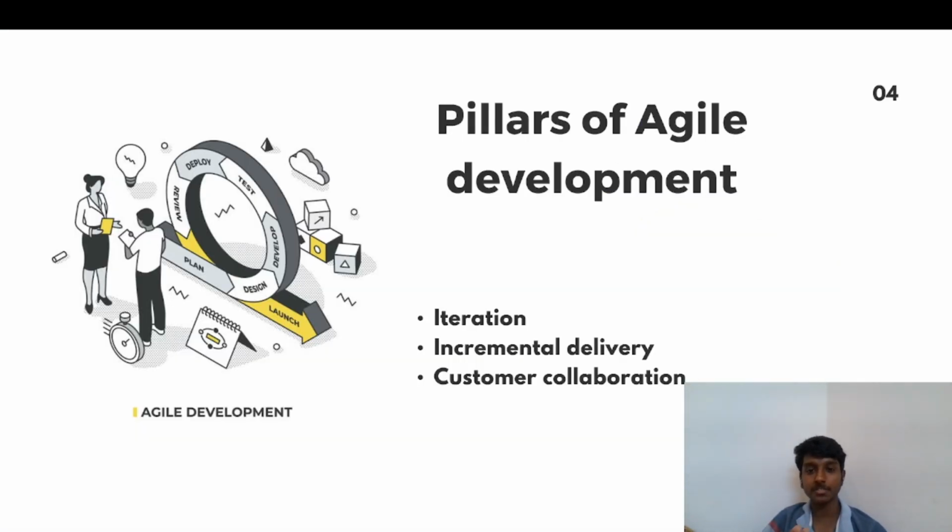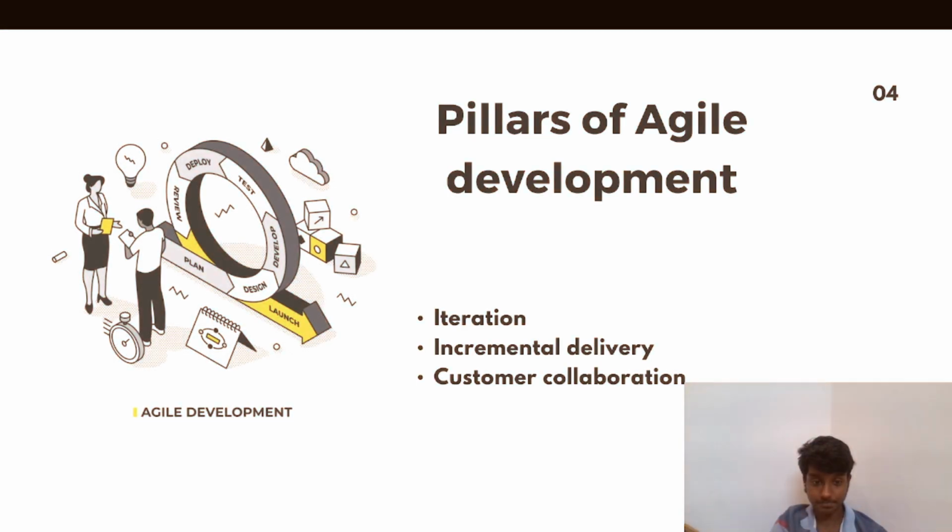And these are the three pillars of agile development. One is iteration, second one is incremental delivery, and third is customer collaboration. Let us go through every pillar of agile. First, iteration. When I want to develop a big app, I will think of it as, say, 10 iterations.